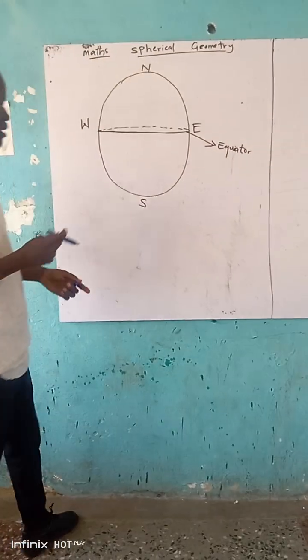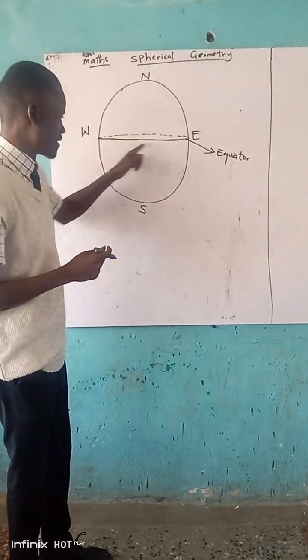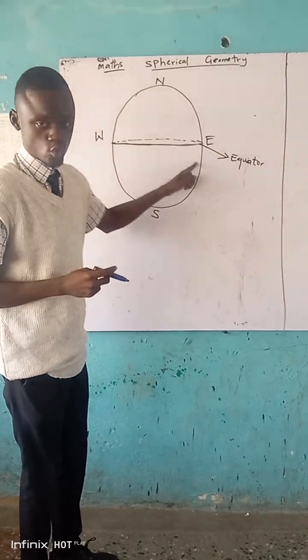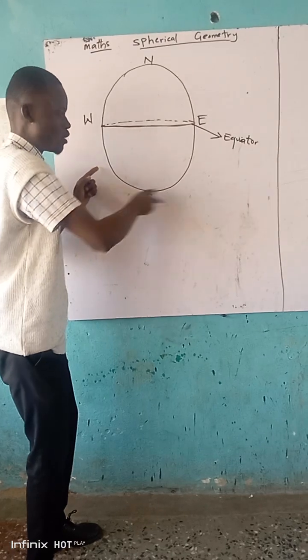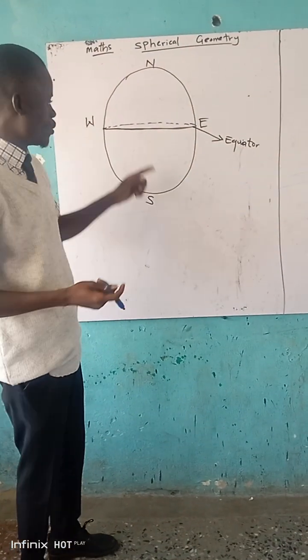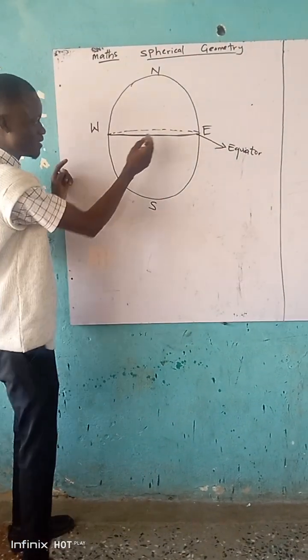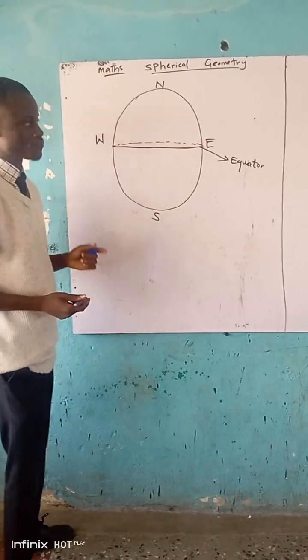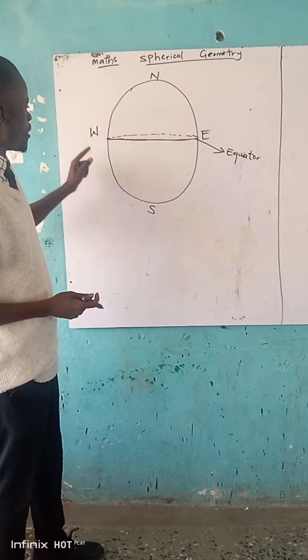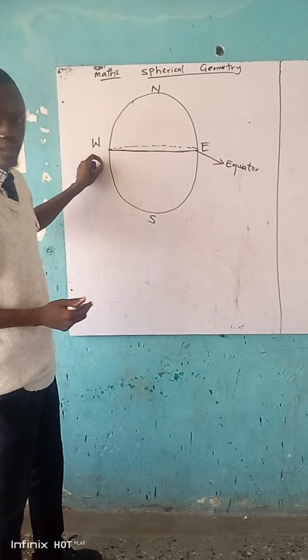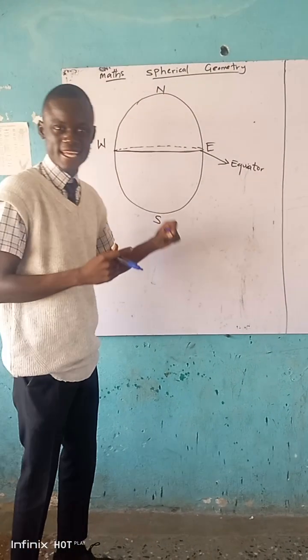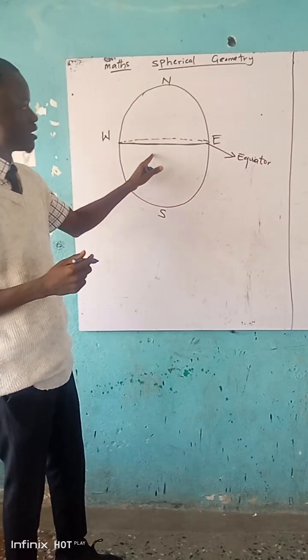That's the line that divides the globe into two equal parts, and the equator goes around the globe. That's why you see these imaginary lines here. So from the west running across to the east, we have the equator, and the equator is the center of the globe.